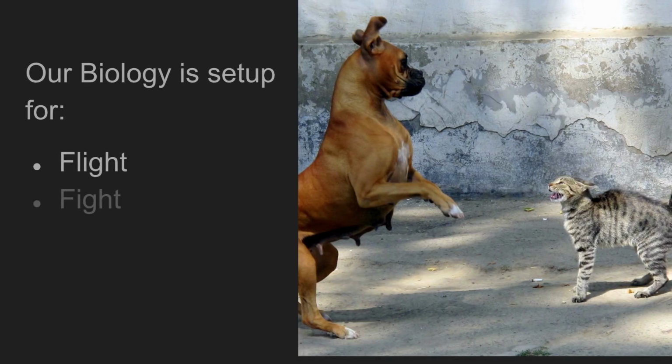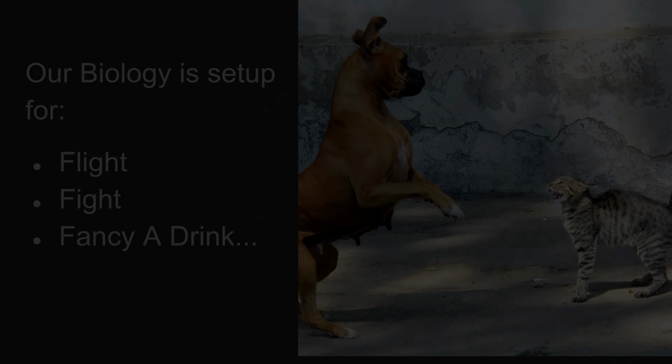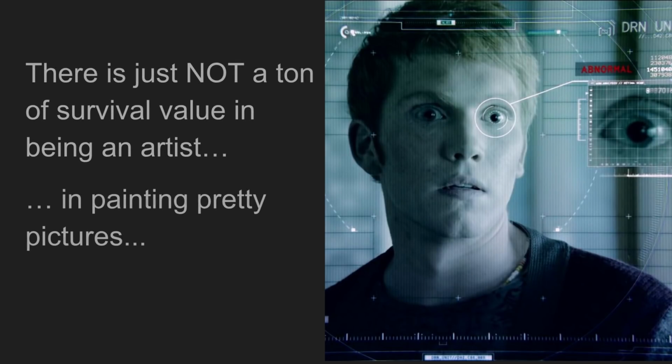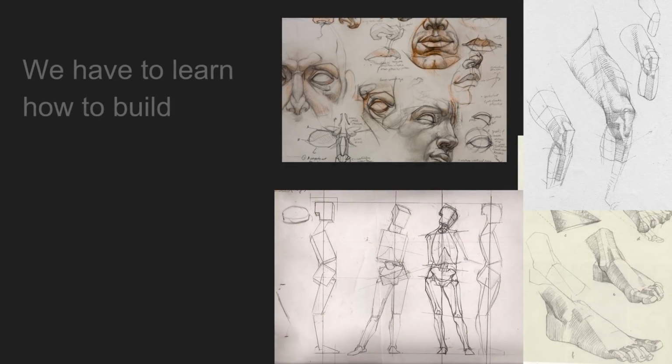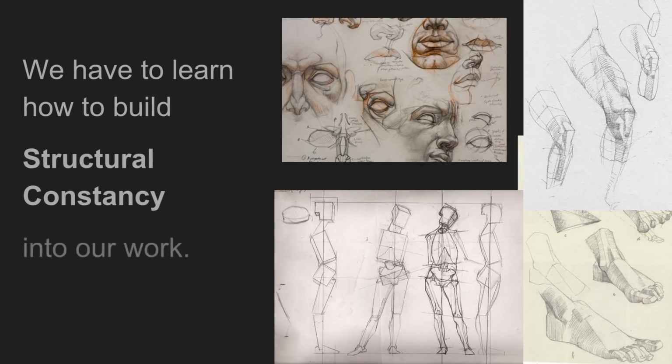Because see, our biology is set up for flight, fight, and a few other things. It's not set up for being an artist. There's no real survival value in painting pretty pictures at the end of the day. We have to learn how to build what I call structural constancy into our work.